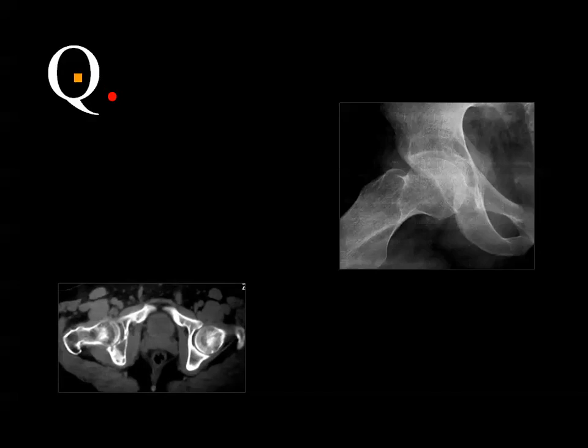This is X-ray of the right hip, and this is CT of the hip joint. What do you think? Right. He said osteoma of the ischial tuberosity.